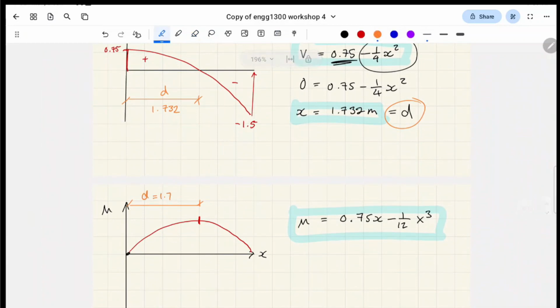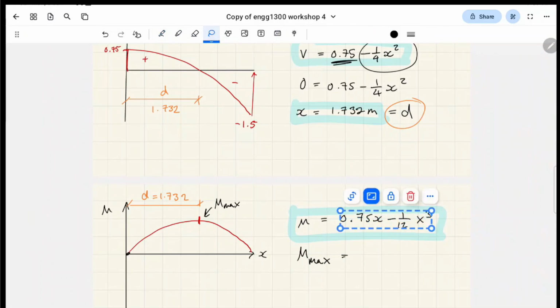Essentially what we want to do is find the maximum moment. So basically we want to find the moment at point C, if we call that point C, but I'm just going to call it M max.